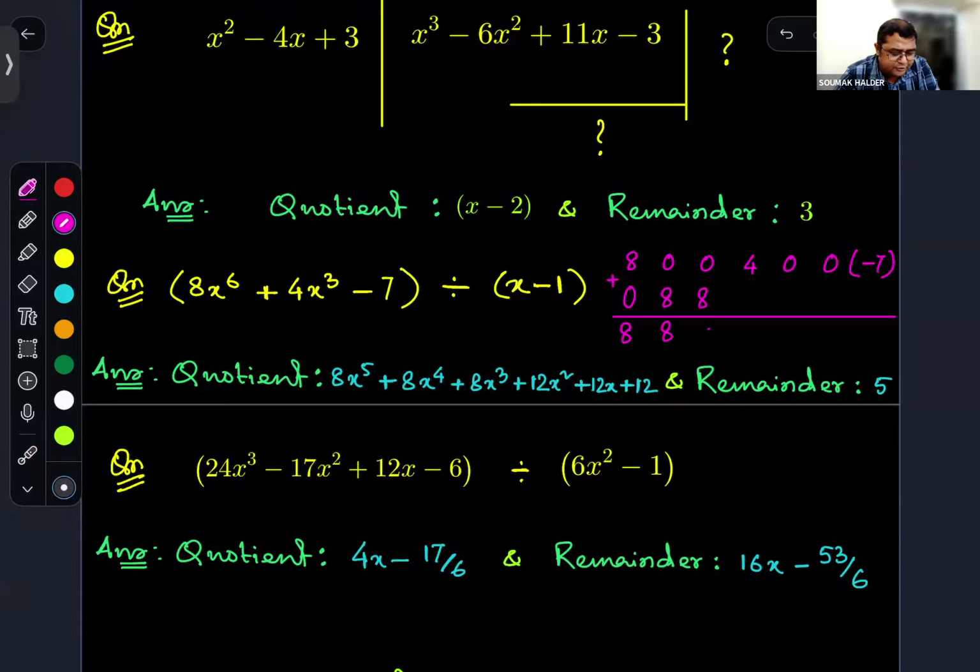What will be the third column sum? 8. Next again multiplication by 1. Then the addition. Again multiplication by 1. Then the addition. Again multiplication by 1, and the addition. Okay, now if you can identify, this is the remainder.